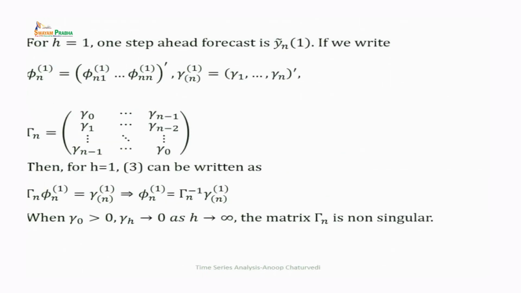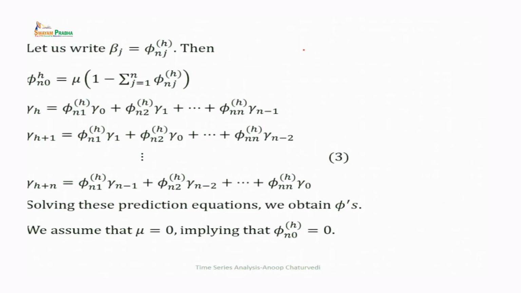Now, suppose you take h equal to 1. h equal to 1 means you are obtaining one step ahead forecast, means one step ahead forecast is y curl n 1. Then for h equal to 1, you write the coefficients as phi n 0 1, phi n 1 1, and so on.